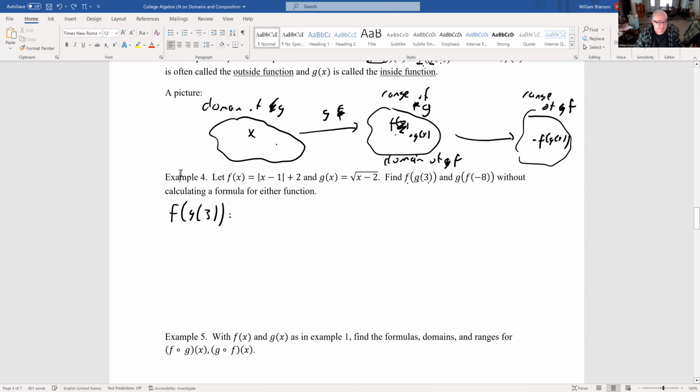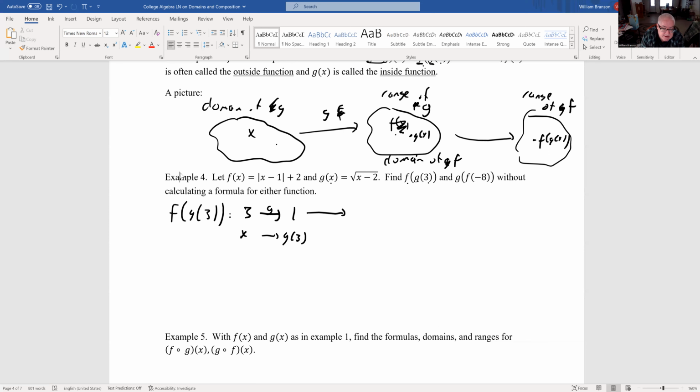Start this again. F of G of 3 means we start with X equal to 3 and we plug it into G of X to get G of 3. This is X. We want to turn it into G of 3. If we plug 3 into this, we get 3 minus 2 inside the square root, which is square root of 1. So we get 1.